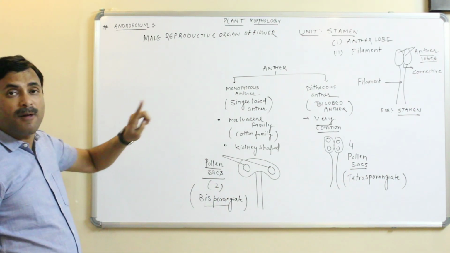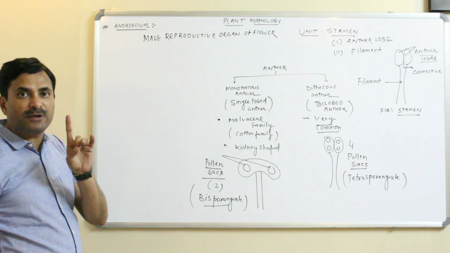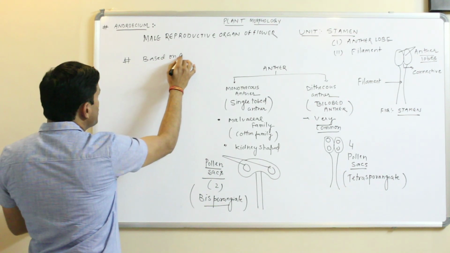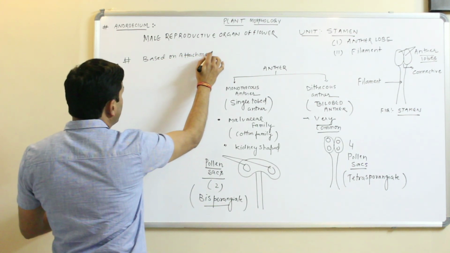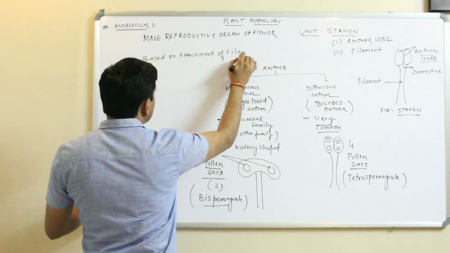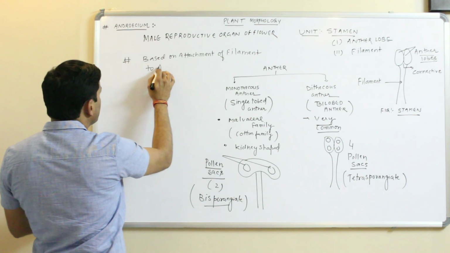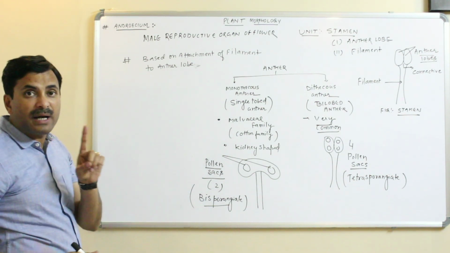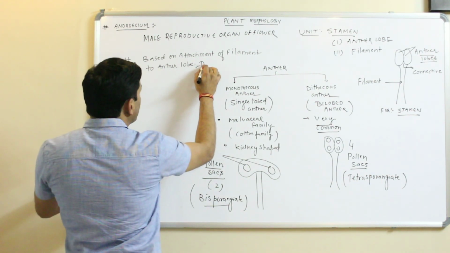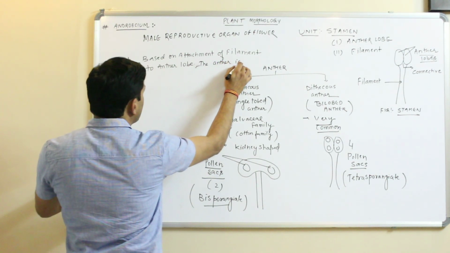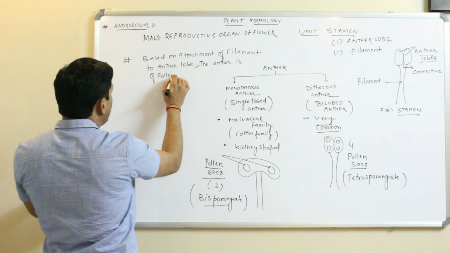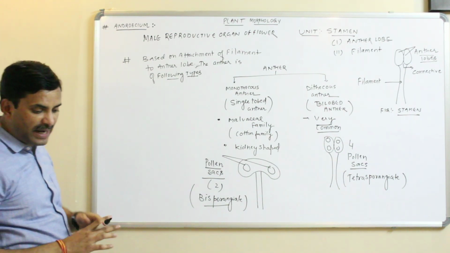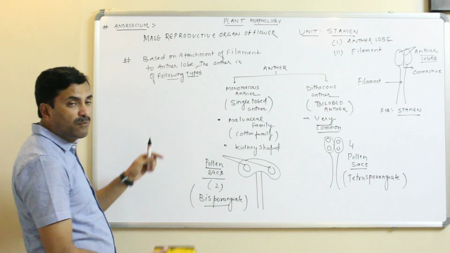Now, based on the attachment of the filament to the anther lobe, the anther is of the following types.